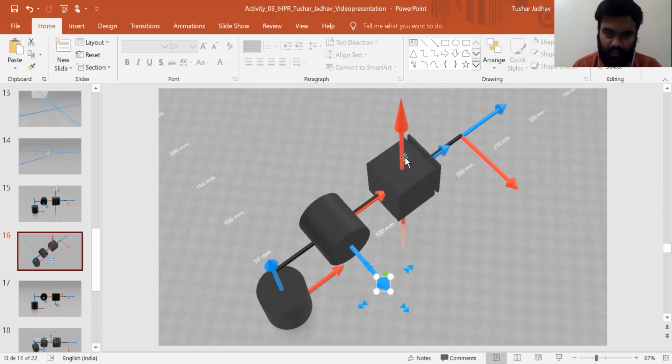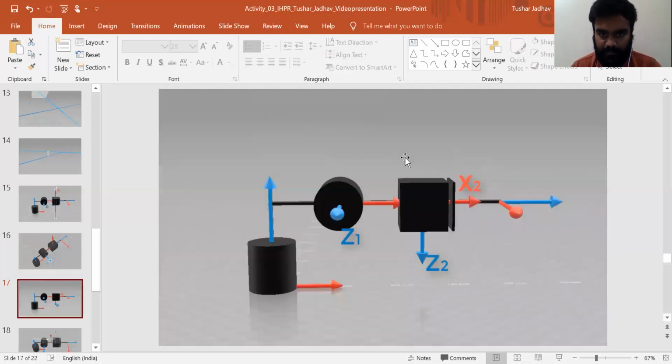So what exactly do we do in the first method? We rotate that x2 in such a manner that it intersects z1. Let's rotate that. But when you rotate x2 in this way, your rule number 2 gets violated, that is, x2 is perpendicular to z1.